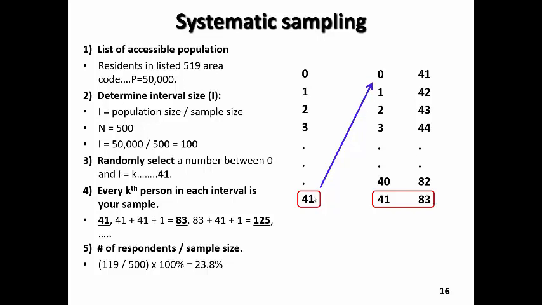By resetting the 41 to a 0, we can see that the next person is actually 42. That's why, when we add 41 to the previous, we have to add 1 to it to ensure that our interval progressions are still the same.